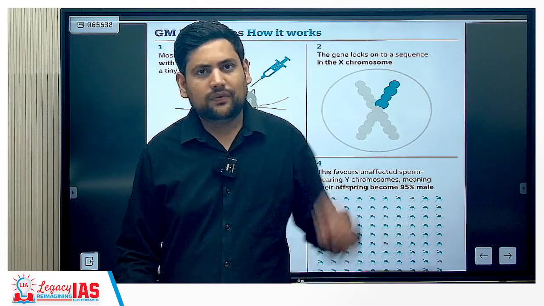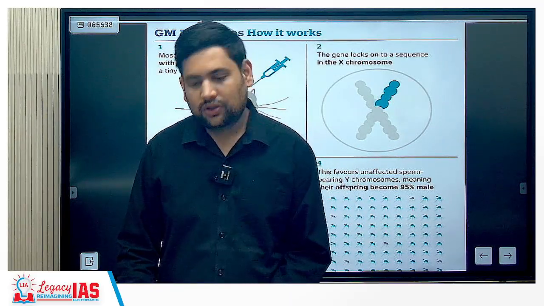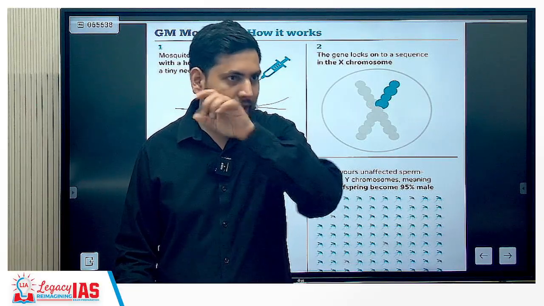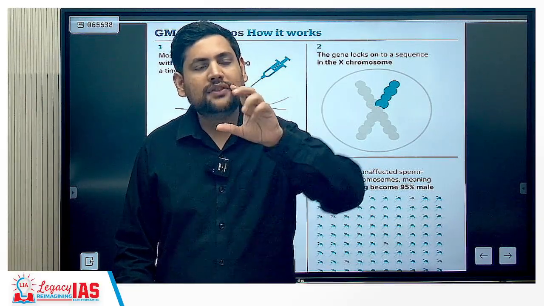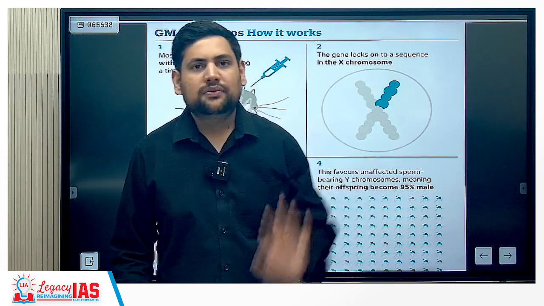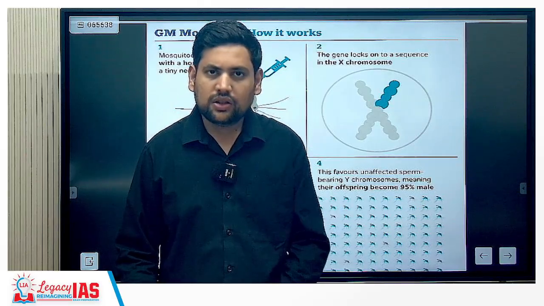So the core thing is that you would want to have genes which will stop the spread of plasmodium or something that can cause disease in humans. Correct?